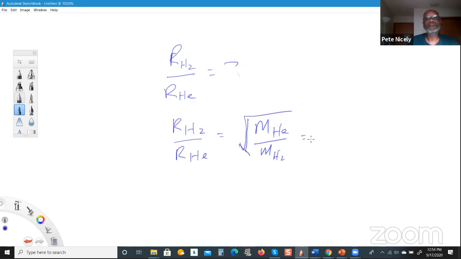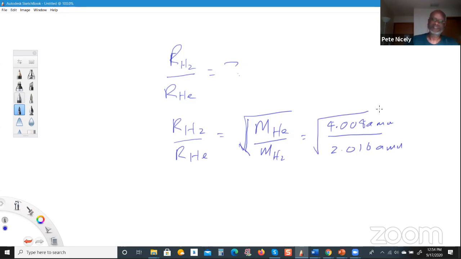What we have to do, of course, is go to the periodic table and look up the molar masses of the different elements. If I remember correctly, the molar mass of helium is 4.008 AMU, divided by the molar mass of hydrogen, H2, which is 2.016 AMU, and we find the square root of that.